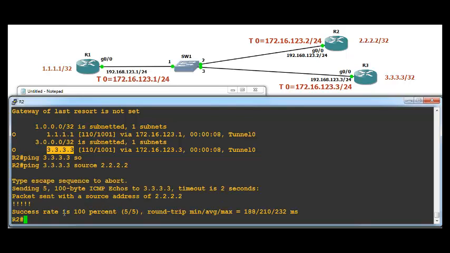So this is all about DMVPN without security. Today we have seen the DMVPN configuration, and I have also explained why we need those configurations and how DMVPN works. We have also done it with two different routing protocols and seen the variations. Tomorrow we will continue this with security.